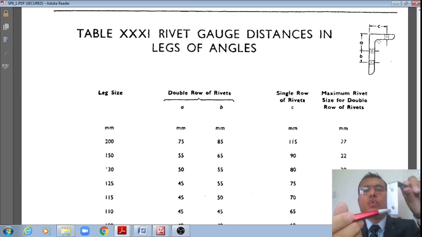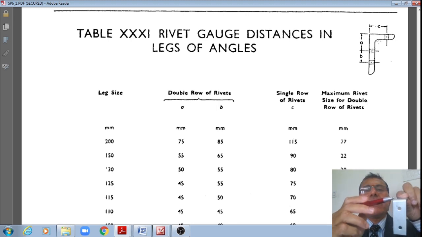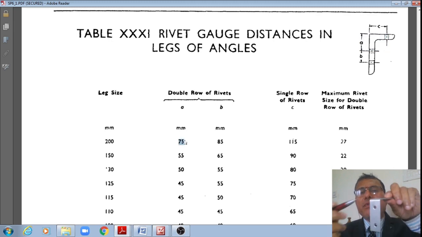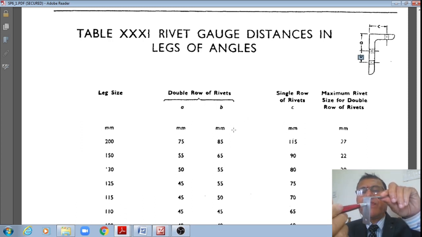Therefore, if two holes are provided, what is the distance A from the top of the compression flange? This A is equal to 75 mm. Out of this 200 mm, up to the CG of the rivet or bolt hole is 75 mm, and the other distance B, from the CG of the first rivet hole to the CG of the second rivet hole, should be 85. Therefore, from the top of the compression flange, 75 plus 85 is 160 mm out of 200 mm.